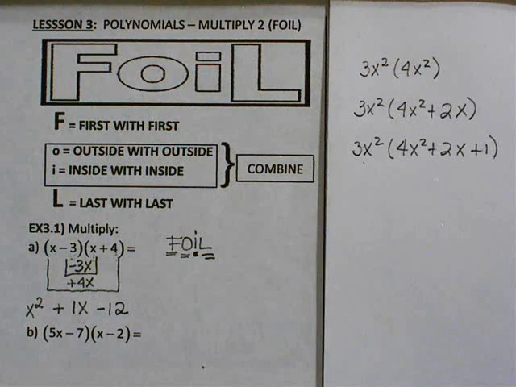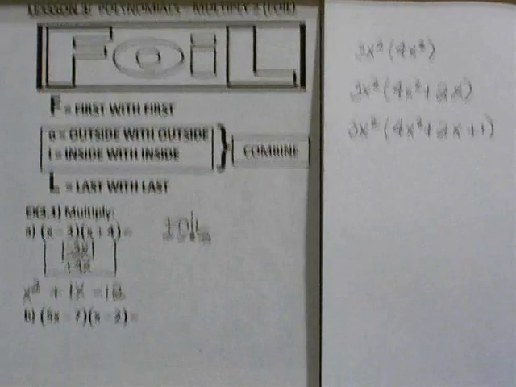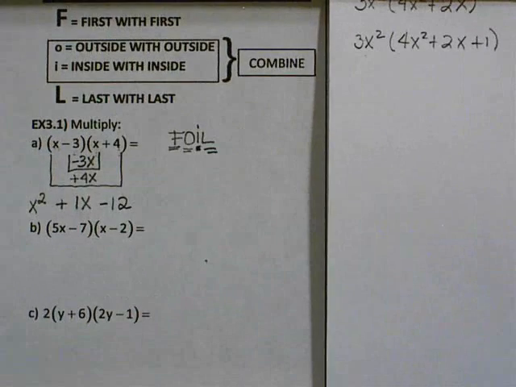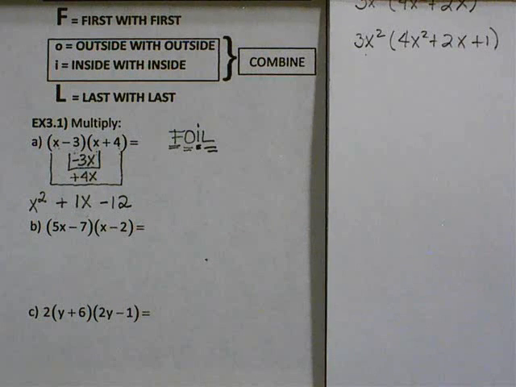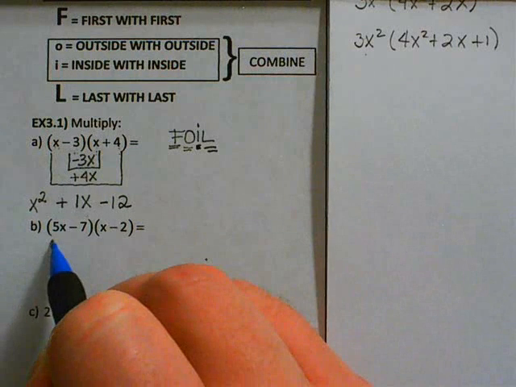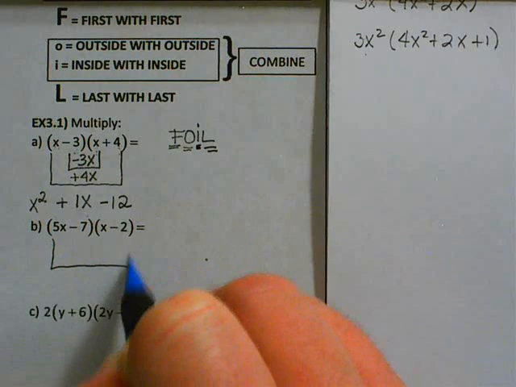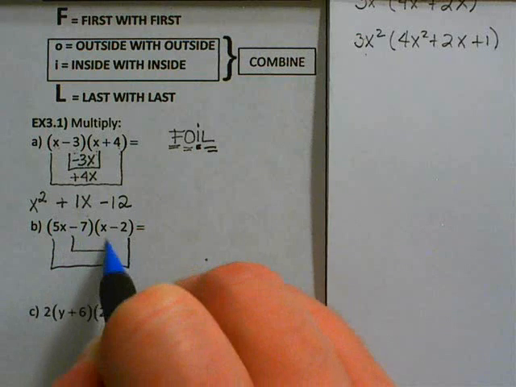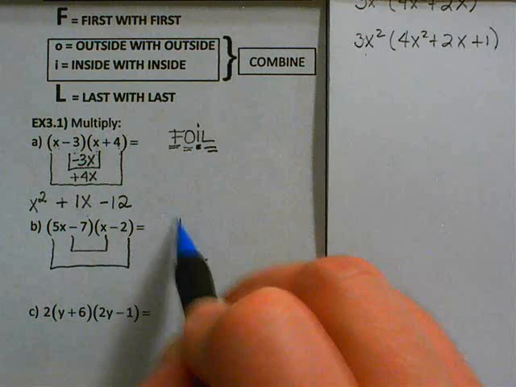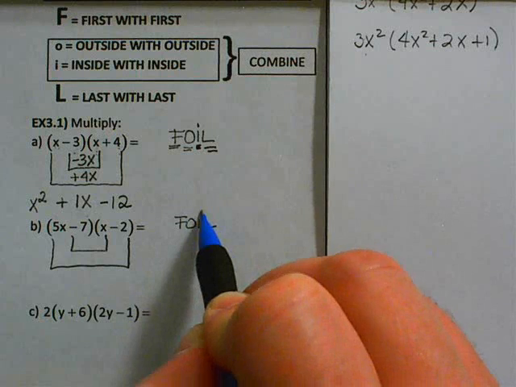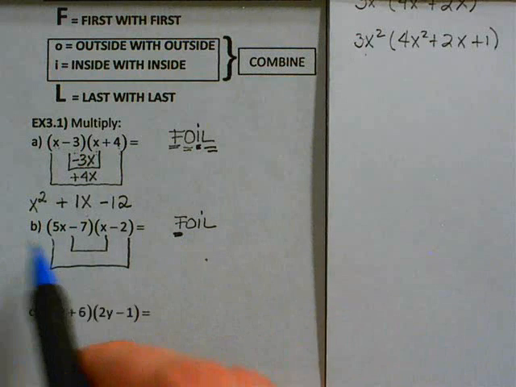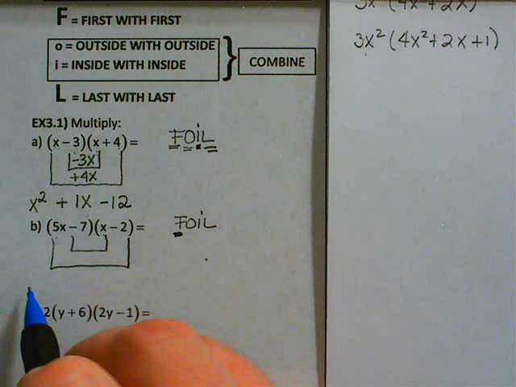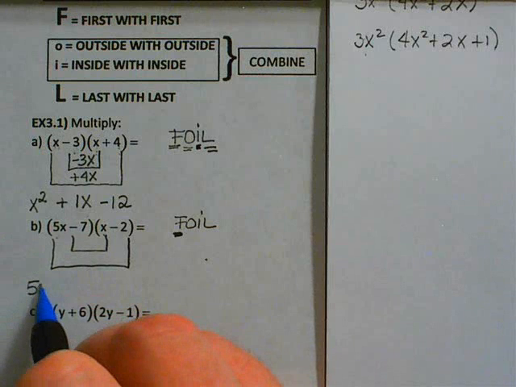So let's try to do FOIL again on problem letter B. So we're going to draw our box. We're going to apply FOIL. So the F, first times first, is 5x squared.